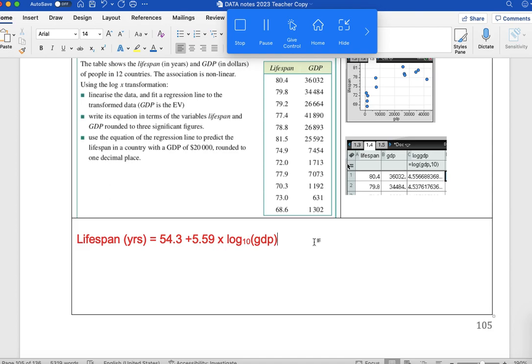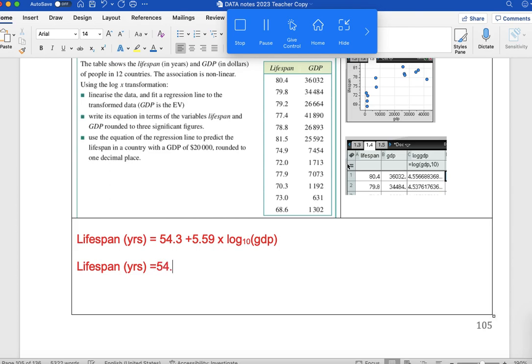And then it says use the equation of the regression line to predict a lifespan for a country with a GDP of 20,000. So, once again, you would have to use this formula, but you will obviously put in 20,000 in the GDP spot.